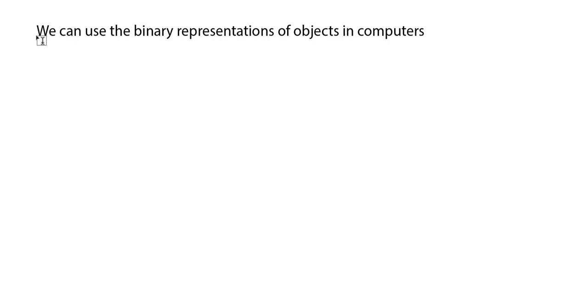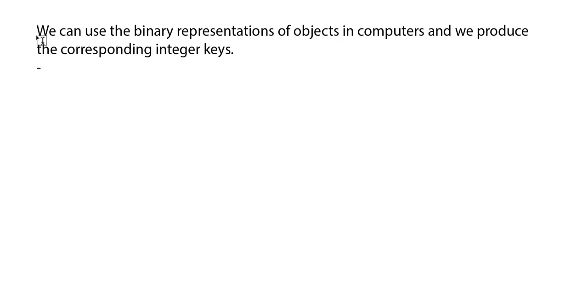In machine code, everything is represented in binary, so we can take those binary representations of these objects and produce the corresponding integer keys. Now, these keys can be very large.